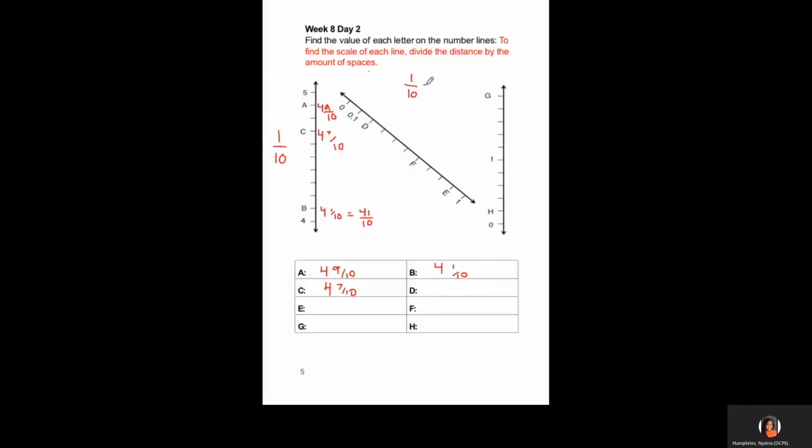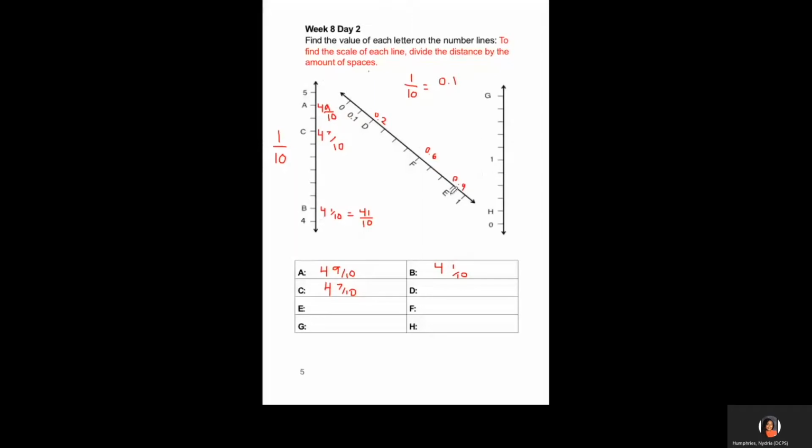However, they want us to convert the fraction into a decimal. So a tenth, this is how it is written as a decimal. So that means D is 2/10. 3/10, 4/10, 5/10, 6/10 is F. And 7/10, 8/10, 9/10 is E. Because 1 would be 10/10.